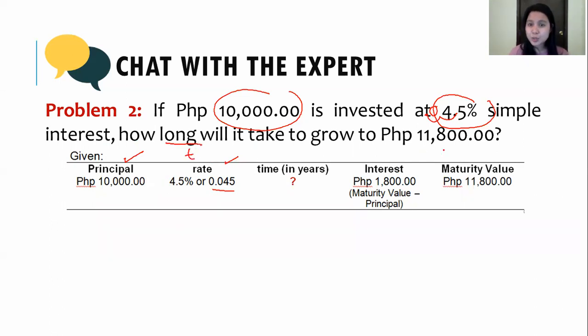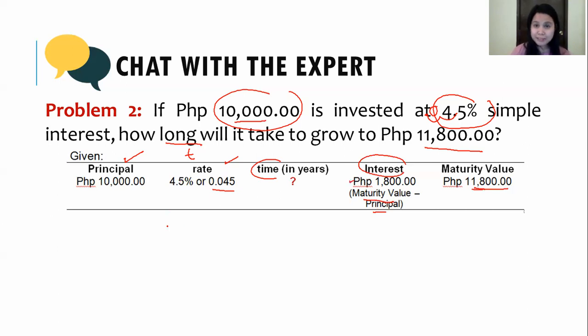Will it take to grow to 11,000? Our maturity value is 11,000. We're looking for the time. Now, our maturity value is given. So we need to check how much is the interest. Your original money is 10,000. Your money now is 11,800. You simply subtract both of them. You'll find your interest of 1,800.